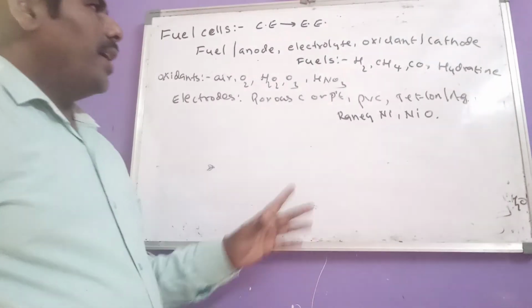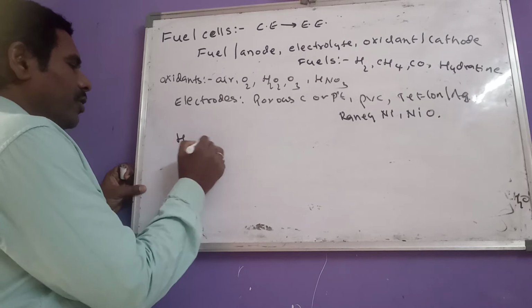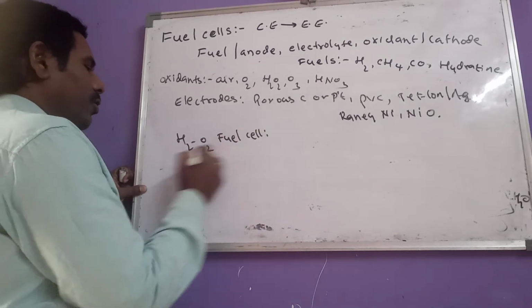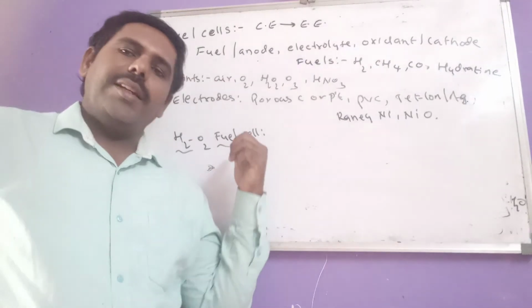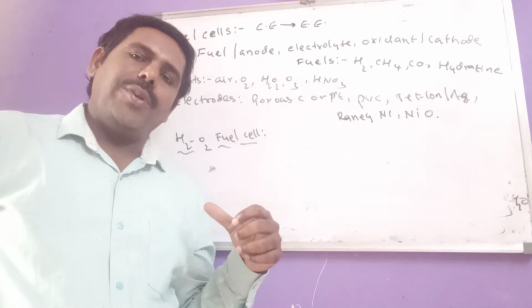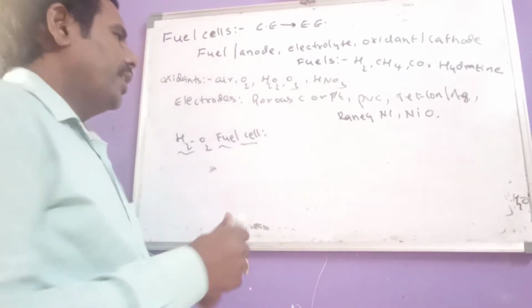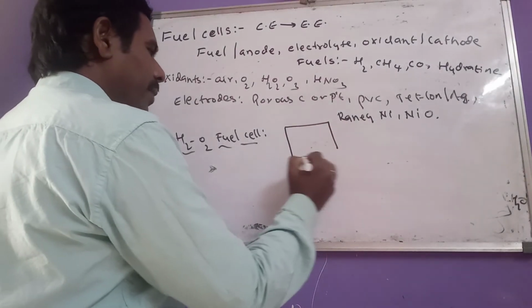Okay, then example for fuel cell is here: hydrogen oxygen fuel cell. In this, hydrogen acts as a fuel and oxygen acts as an oxidant. So here we can give the arrangement like this here.